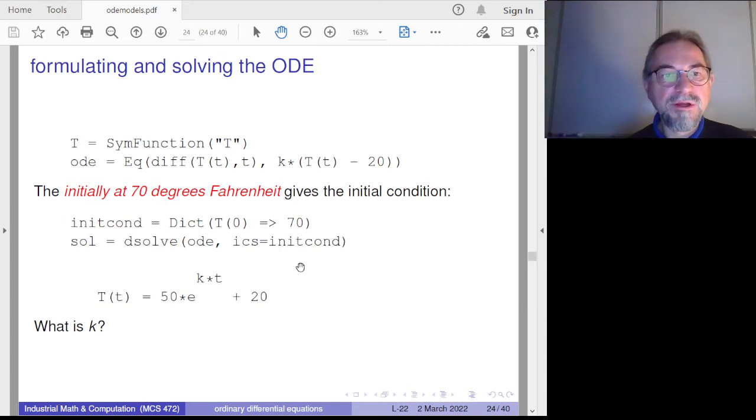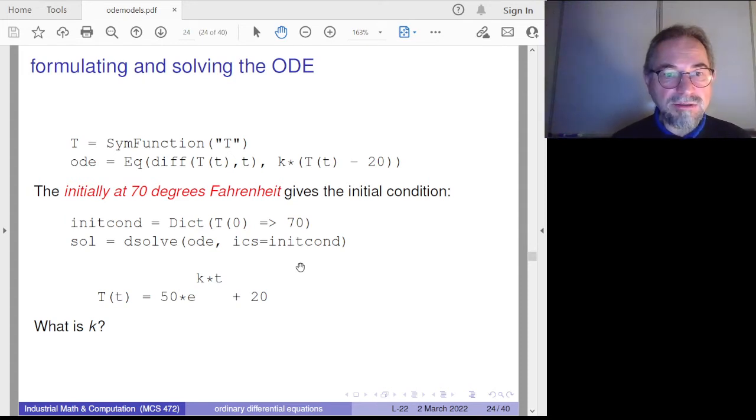So we have the Eq construction that is applied to the formulation of the equation, and we set the initial condition. We could already solve this without the initial condition, but let us apply the initial condition. Then we have the model, which is now an exponential model.